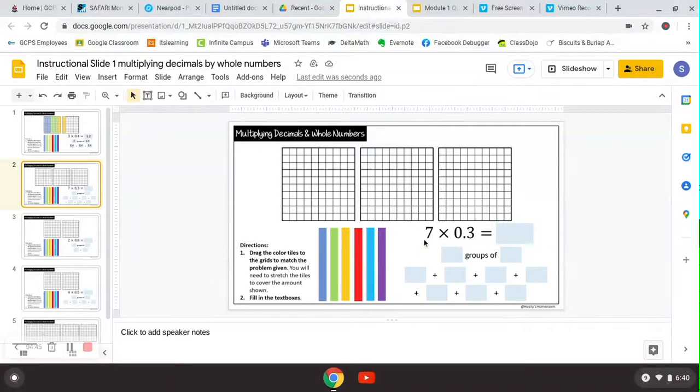Alright, now our problem is 7 times 0.3. So we want to make 3 tenths. We're going to do that just like we did the other one. There's 1/10. Now remember, we need to drag it over to cover 3/10.